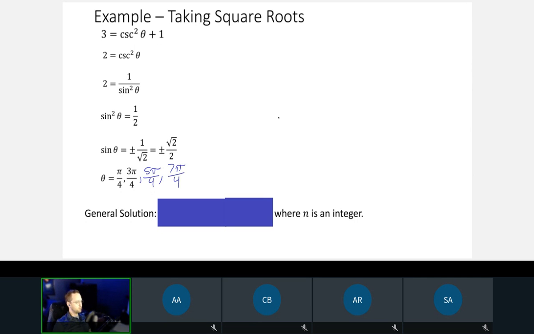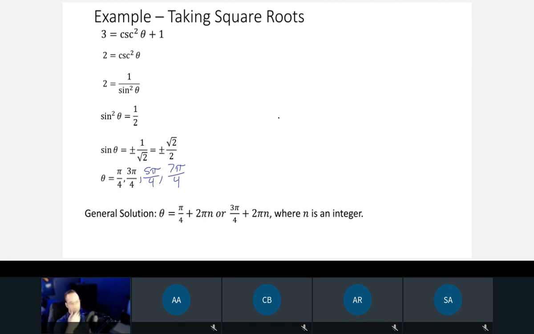All right. So, general solution, because it's sine, all you do is just put plus 2 pi n at the end. That's it. That's the only piece. And that covers all of the rotations. So, let me think. I think I know why I didn't put those other answers.